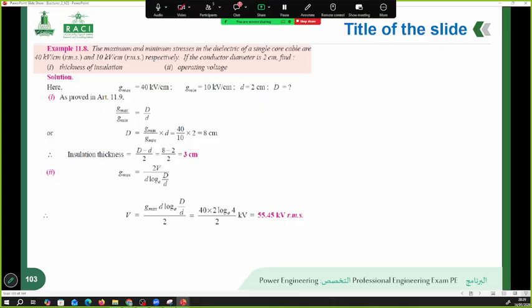Okay, this is another example. This example also explains how to determine both the insulation thickness and operating voltage of a single core cable based on given electric stress limits.